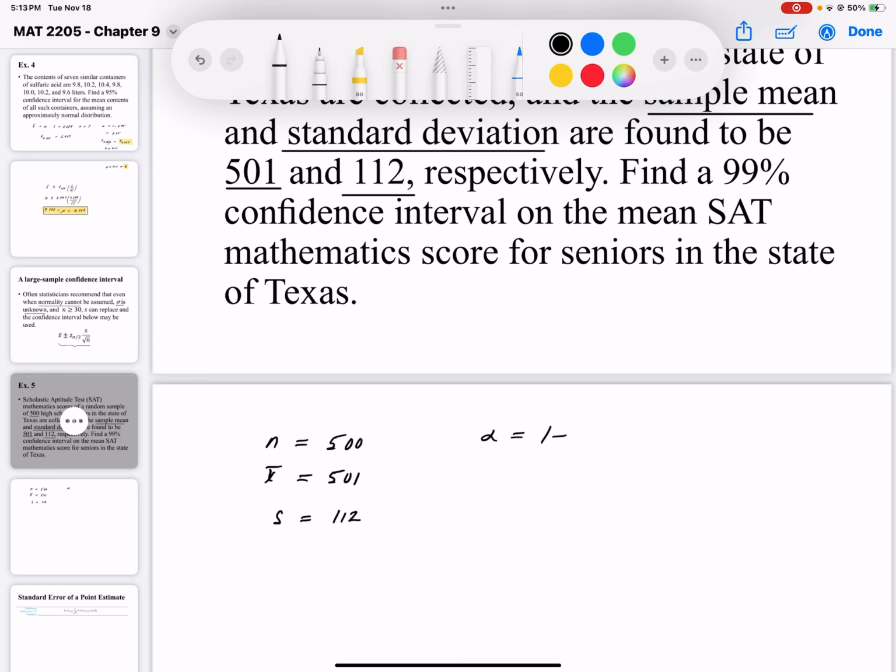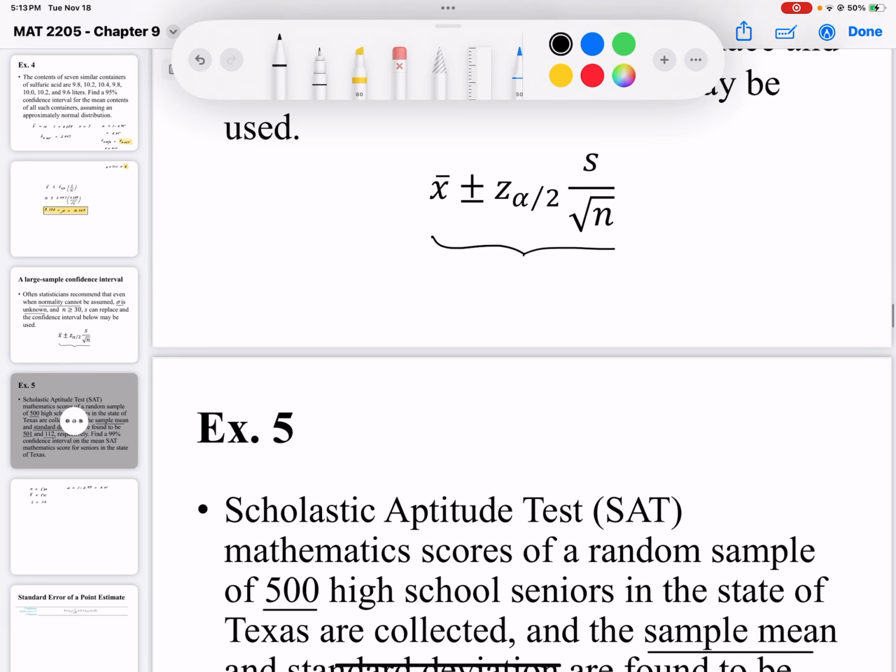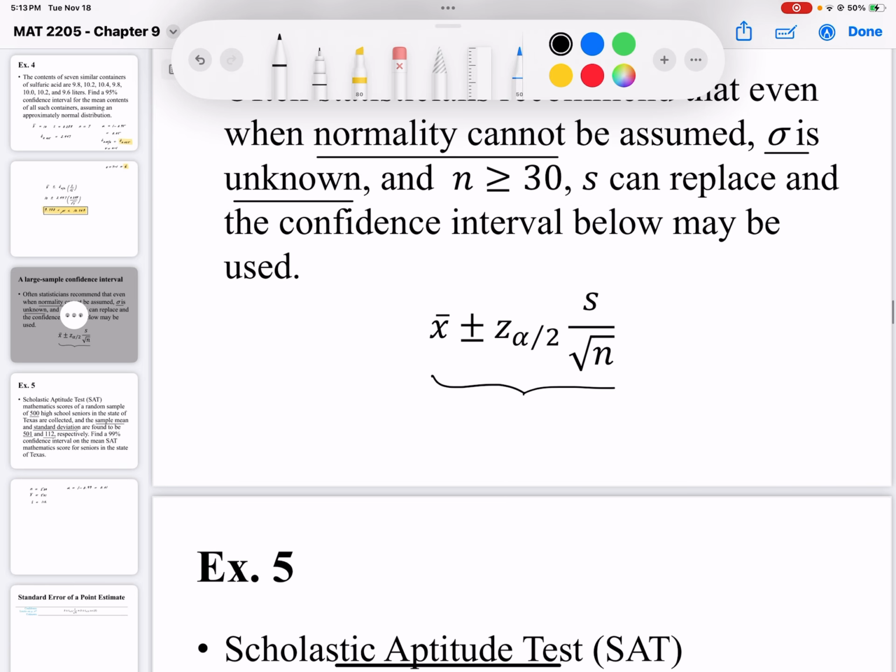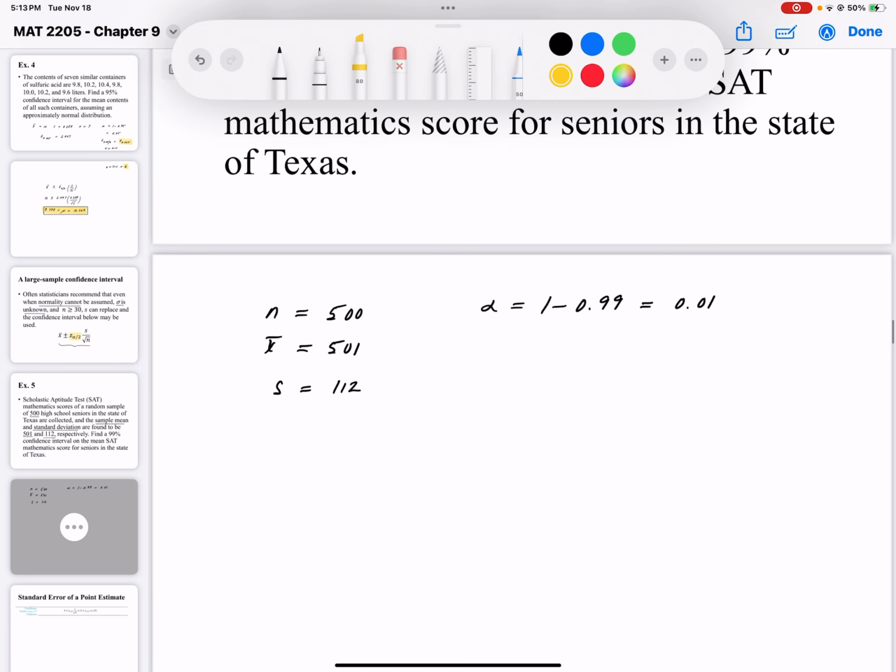Alpha is 1 minus 0.99, which is 0.01. Look at the formula though, okay? The formula says z sub alpha divided by 2. So that would be z sub 0.01 divided in half, or z sub 0.005. Now, I hope that you remember, we've done this several times now in this lesson.